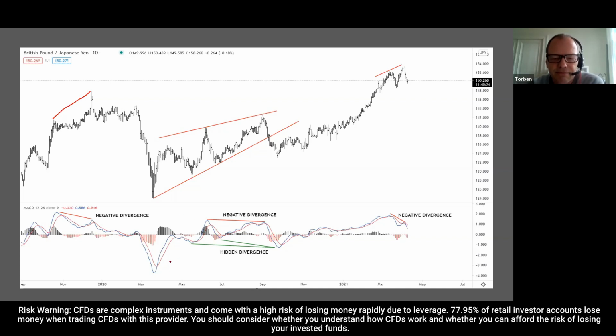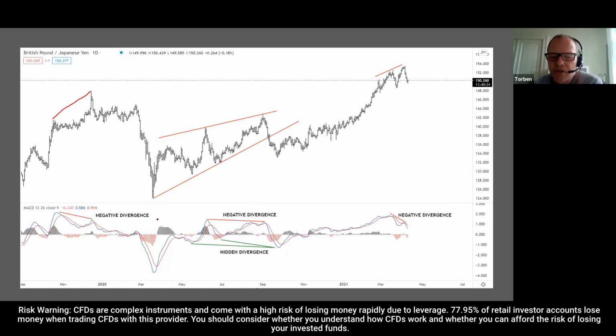But it depends how you want to use it. It can be used that way. I wouldn't do it, but it's possible. I like to stay in trends a lot longer, as long as I can. I don't want to trade up and down all day, but it's possible to do it this way.